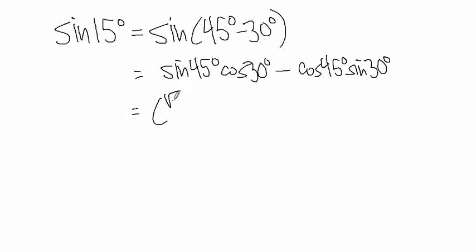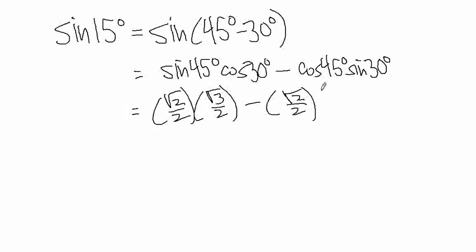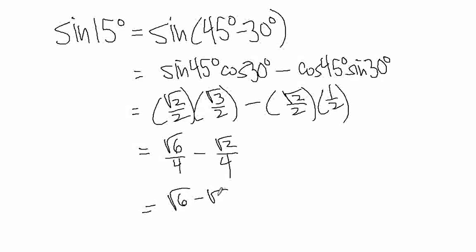And that's going to equal root 2 over 2 times the cosine of 30, which is root 3 over 2, minus cosine of 45 degrees, which is root 2 over 2, times the sine of 30 degrees, which is 1/2. So this simplifies to root 6 over 4 minus root 2 over 4. Packaging it all up, root 6 minus root 2 over 4. Okay?